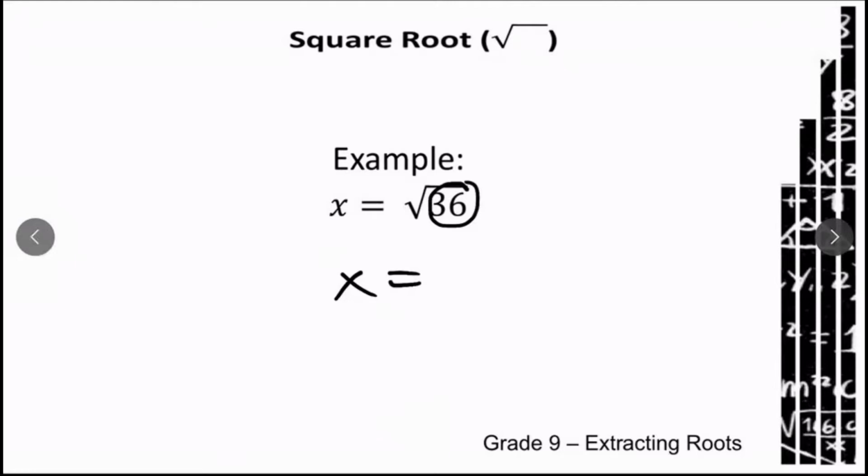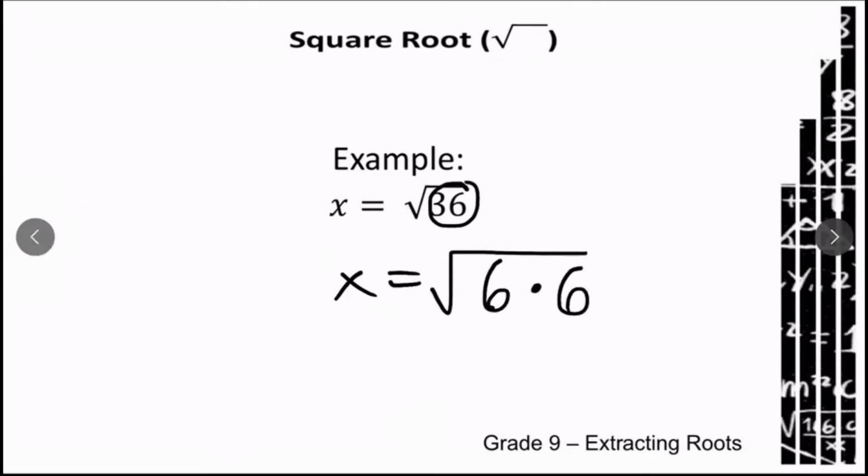So what two numbers can we think of? Okay, that's good. 36 comes from 6 multiplied by 6.